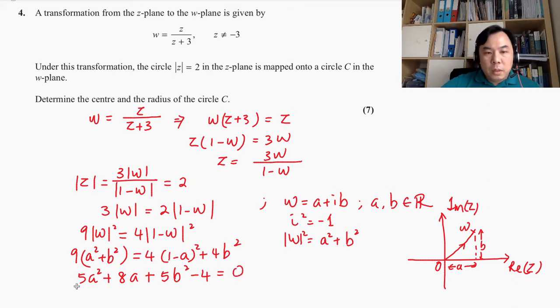Then we can complete the square for this.